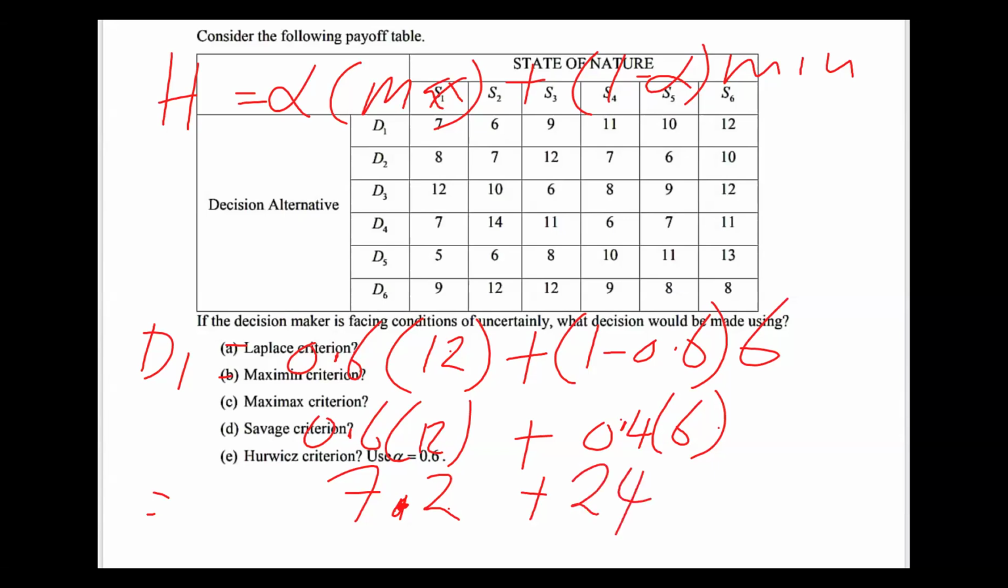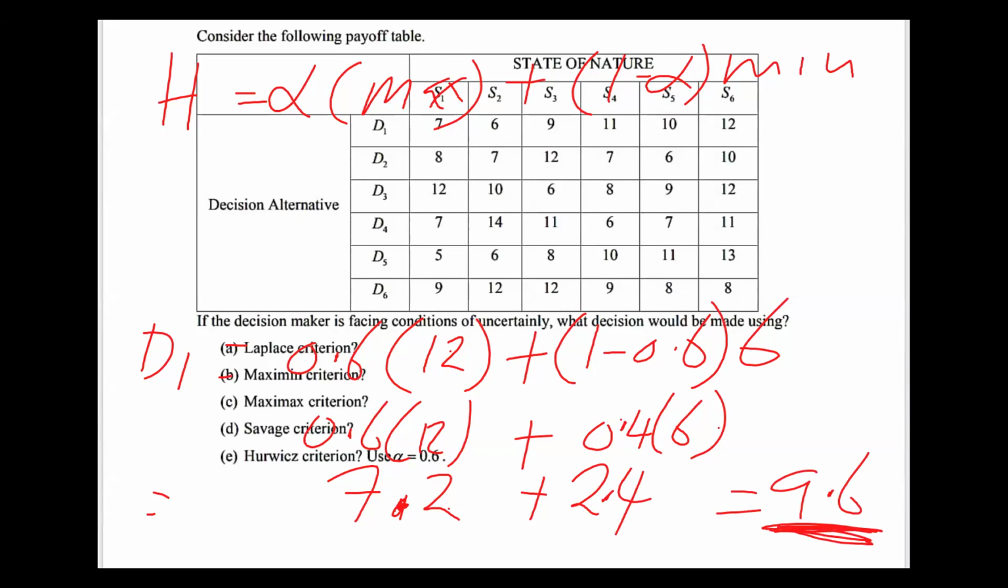Then you can add these together. 9.6, not 9.7. Yes. Okay, 9.6. Sorry, I made a mistake. This is the score.